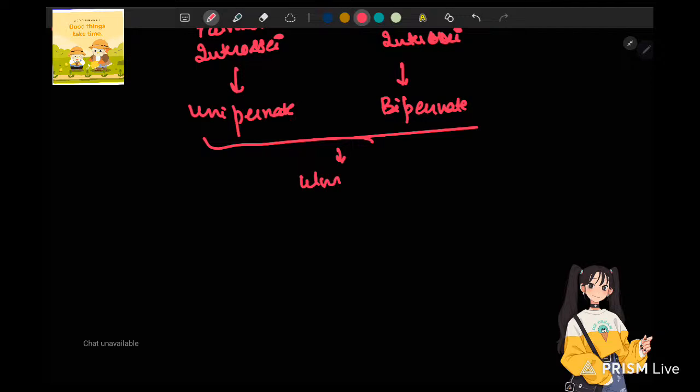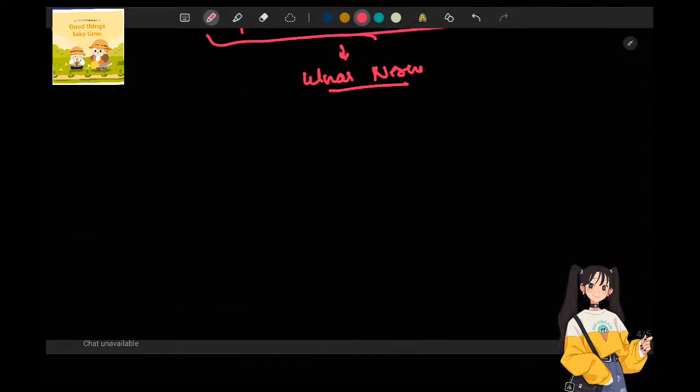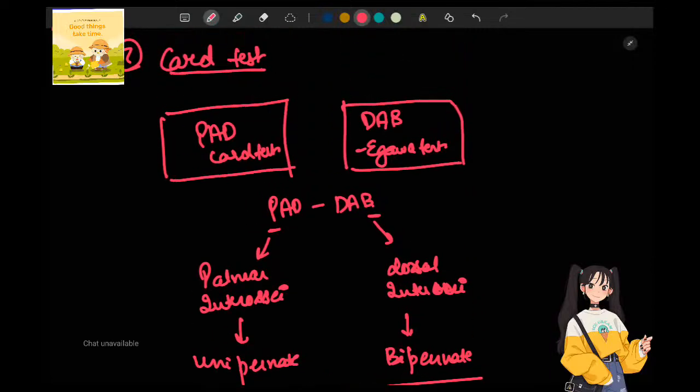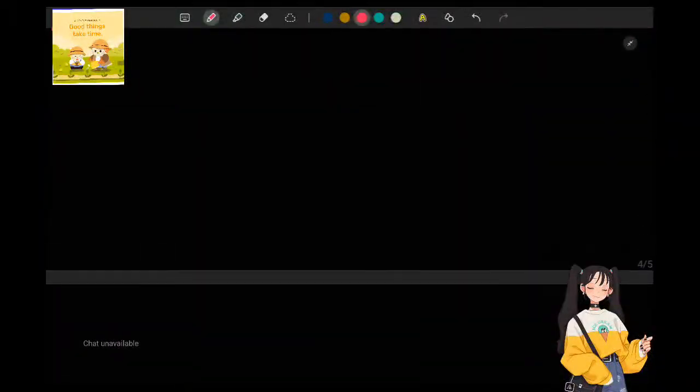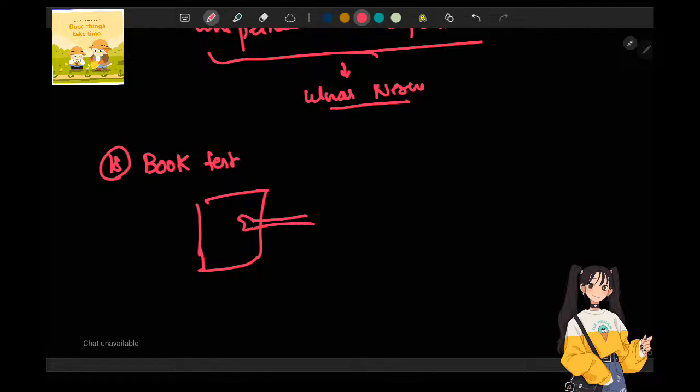Then we have book test. Like this is the book, and a person will be holding the book, right, like this.